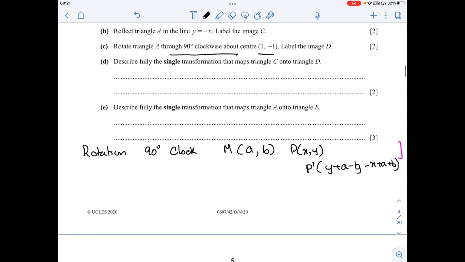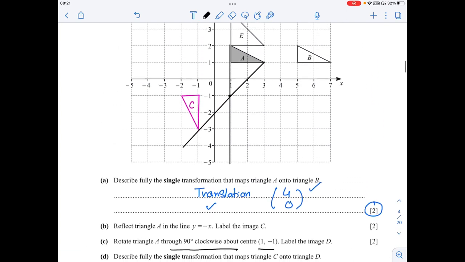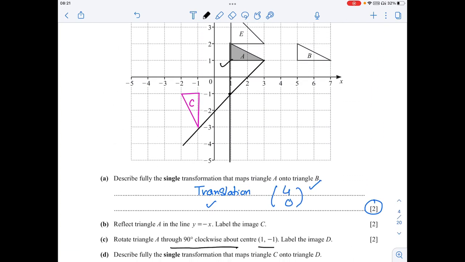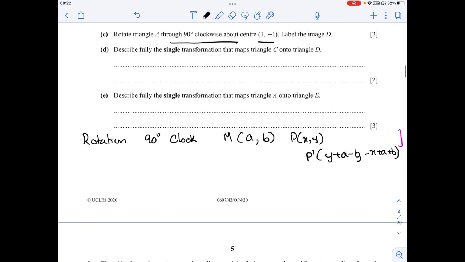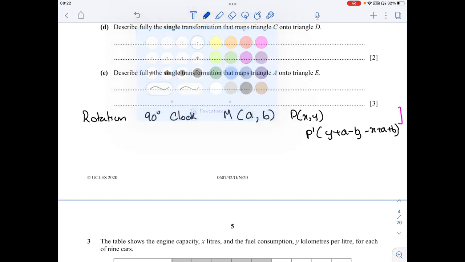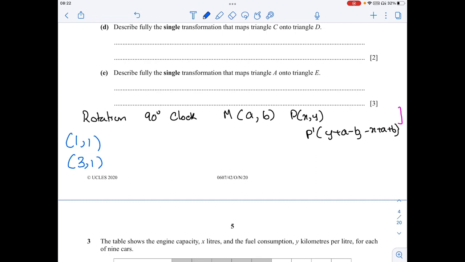So what does that mean? For example, the points over here are 1, 1, 3, 1 and 1, 2. And the center was 1, minus 1, which is A, B.